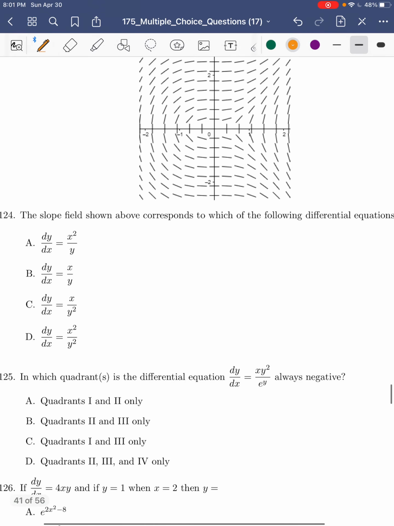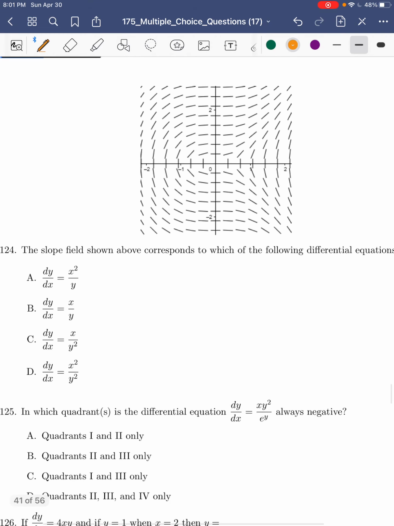All right, now we have a slope field, and we want to match it to the equation. Let's first start by looking at our zeros and our undefined. When x is 0, it should be a 0 slope. A, B, C, and D all match that. When y is 0, it should be undefined. All of those equations match that.